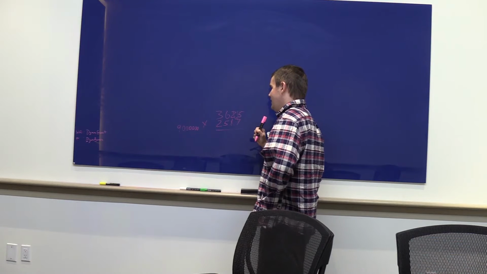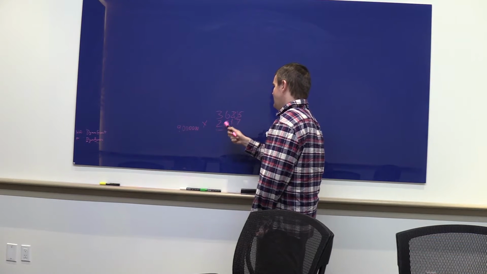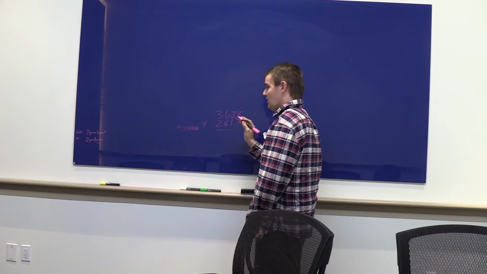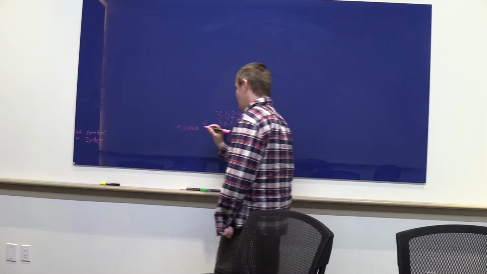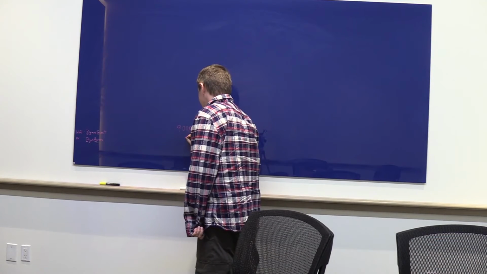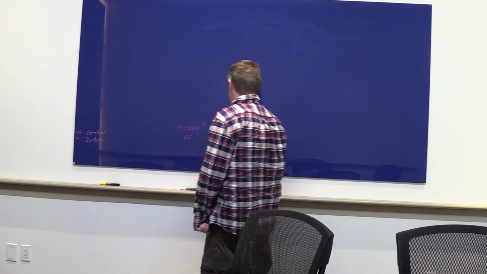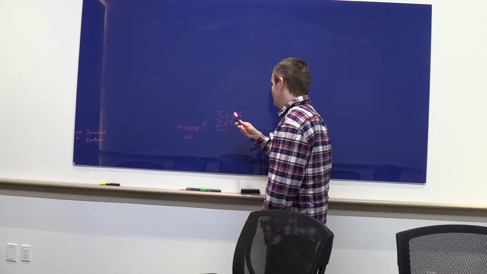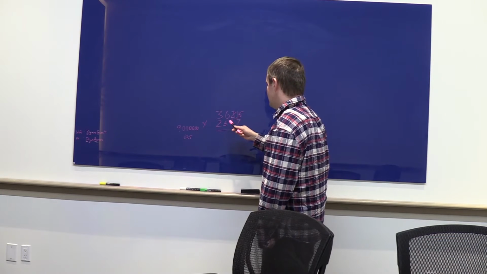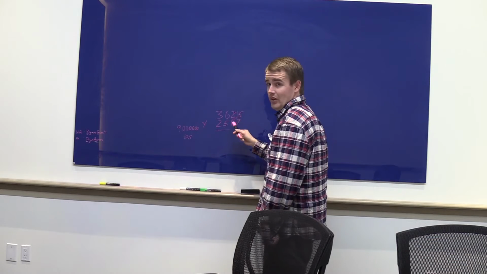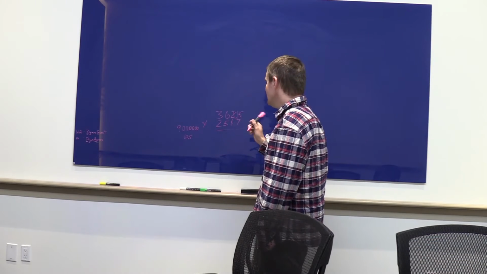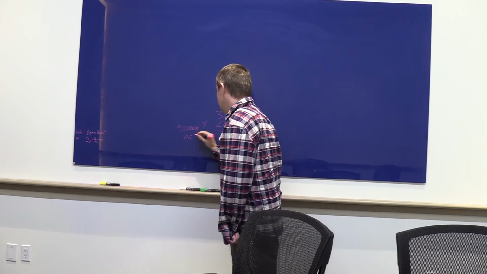And then you have to go 25 times 25. Well, 25 times 25 is 625. And then because in this case the 25 is not interacting with the 1 or the 7, you only have to add 2 zeros.